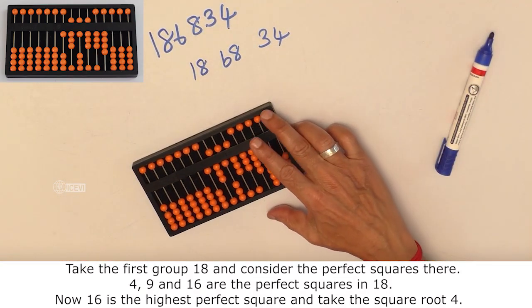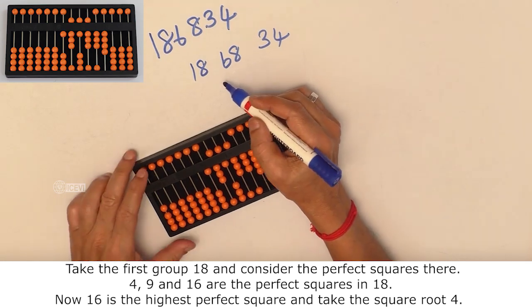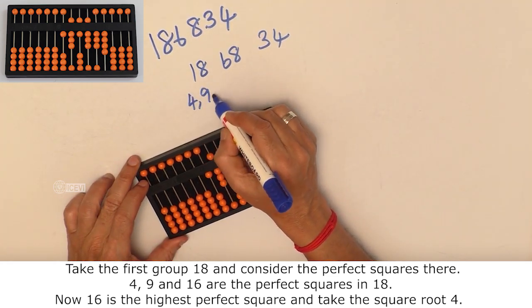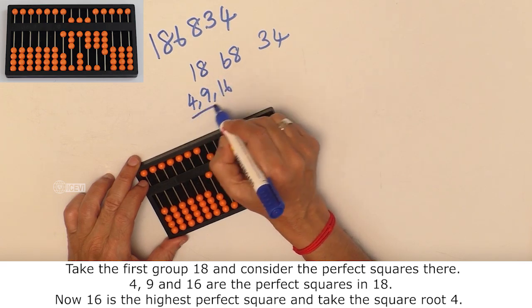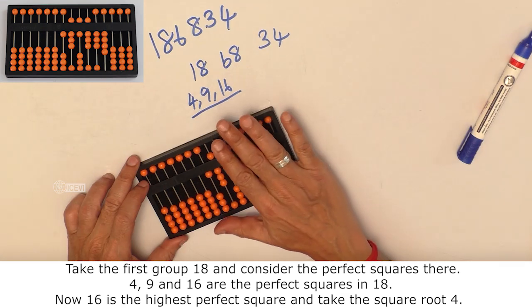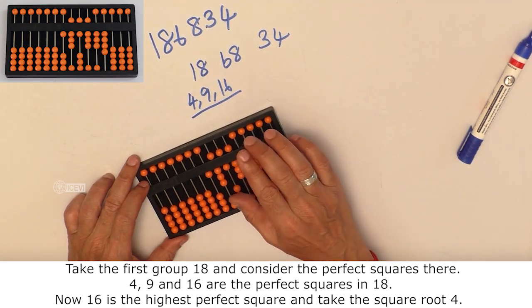Take the first group 18 and consider the perfect squares there. You have 4, 9 and 16 as the 3 perfect squares. Now 16 is the highest perfect square and take the square root 4.